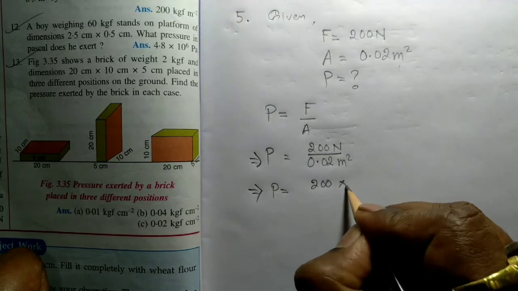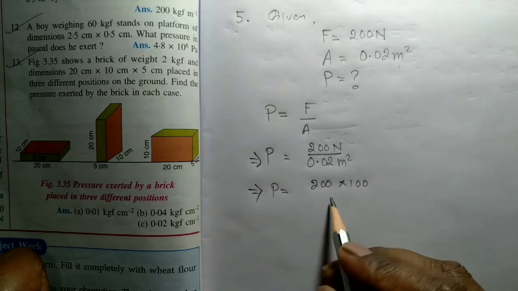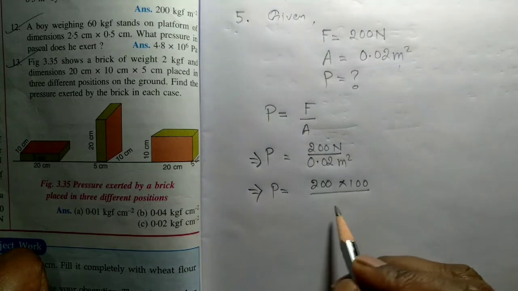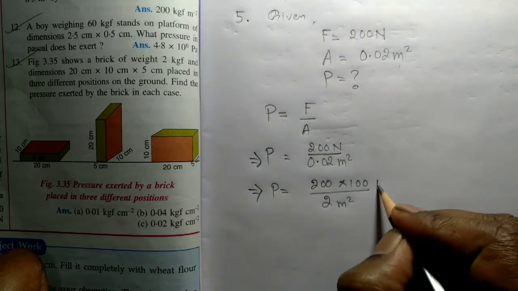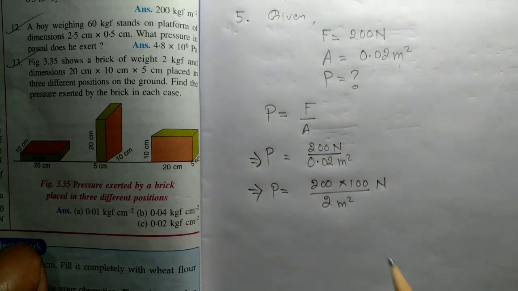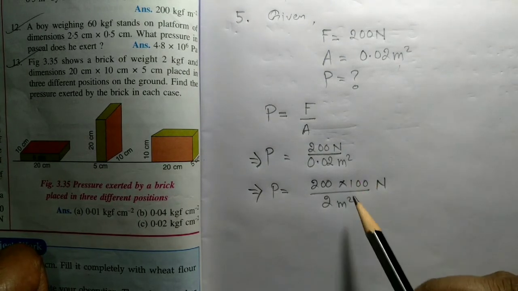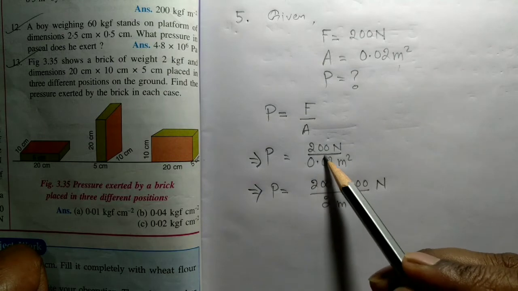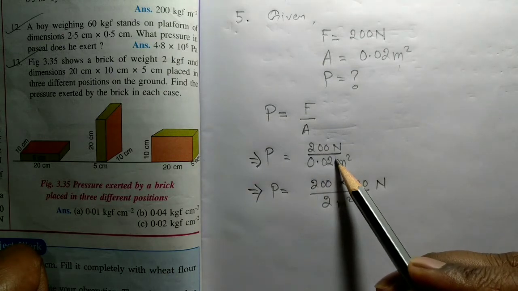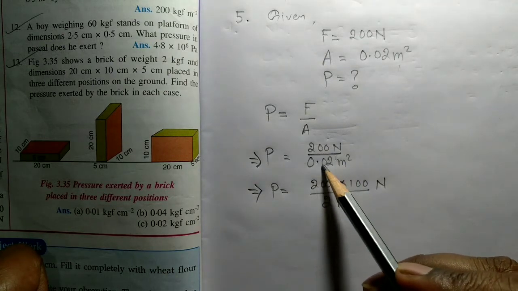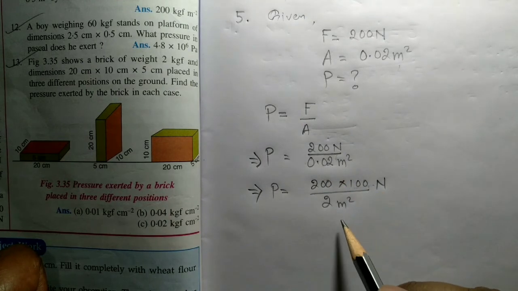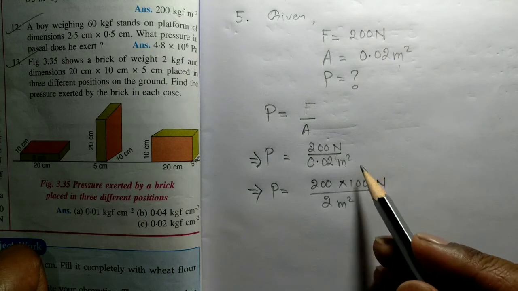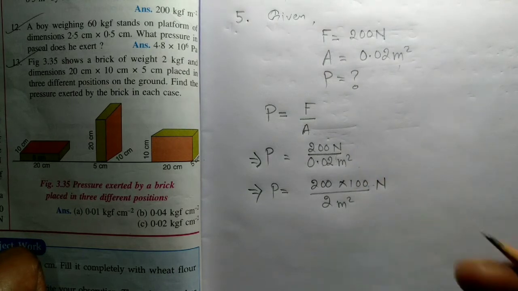Now the next line will be P equals 200 multiplied by 100 upon 2 meter square, and Newton comes here. Okay, how did this 100 come? I just have to remove the decimal points at the back. I removed 2 times, so I'm getting 2 zeros here. Or multiplying both numerator and denominator by 100, we'll get the same thing.